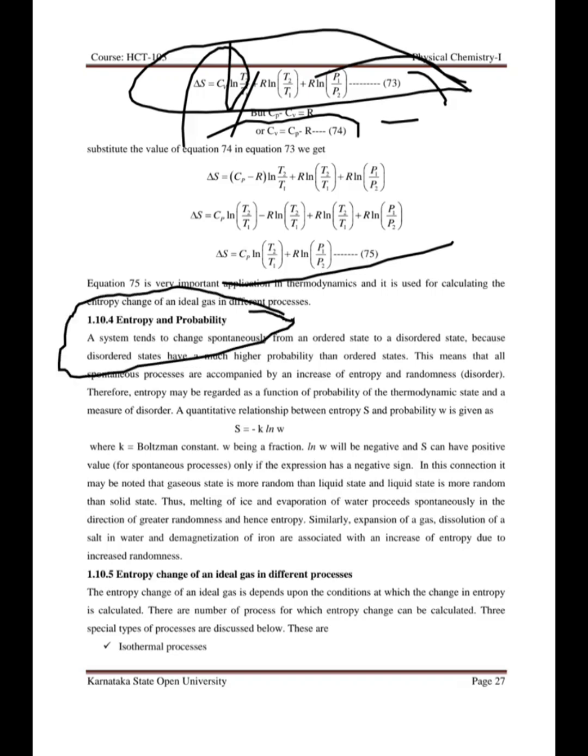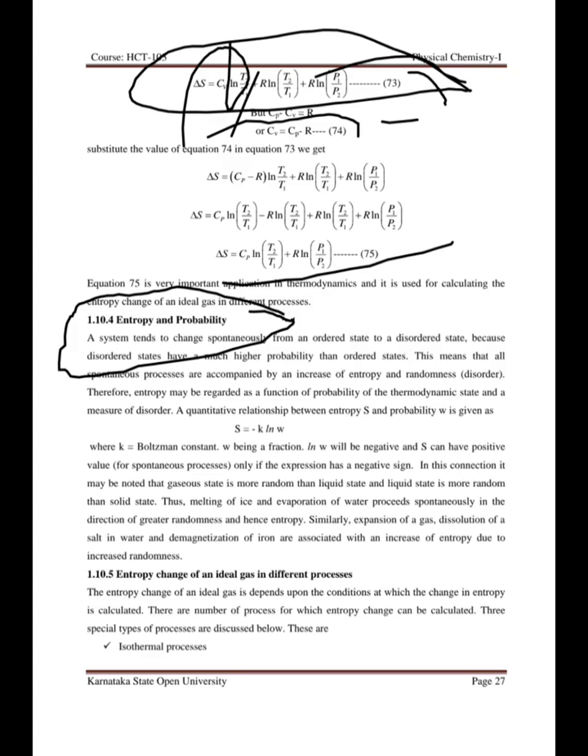So next is entropy and probability. Entropy is the measure of the system's thermal energy. A system tends to change spontaneously from an ordered state to a disordered state.